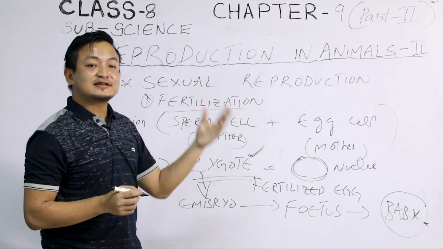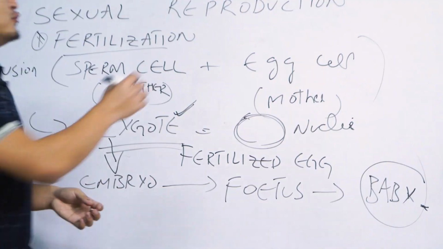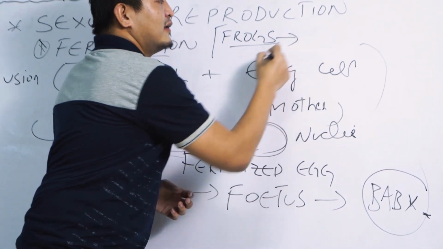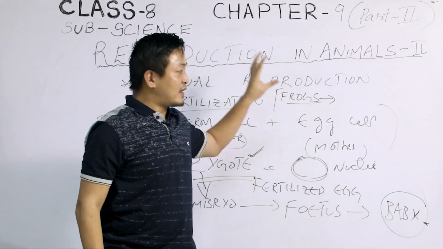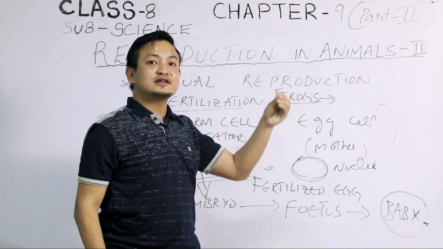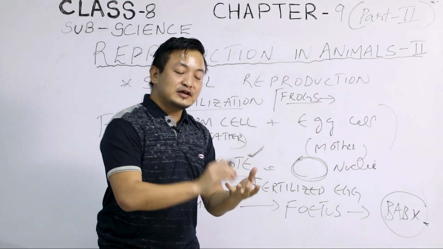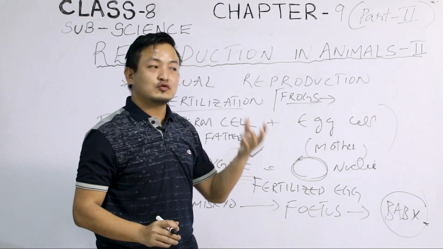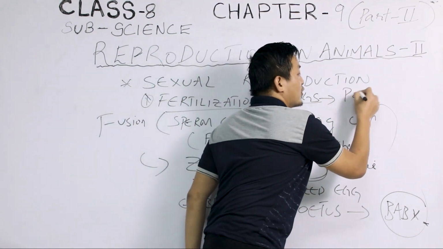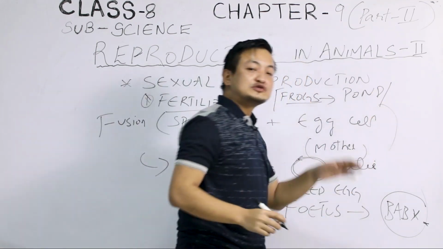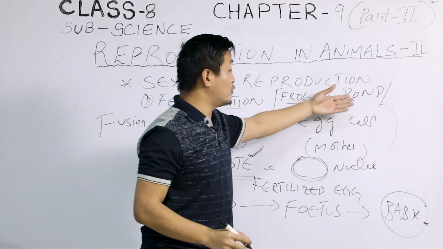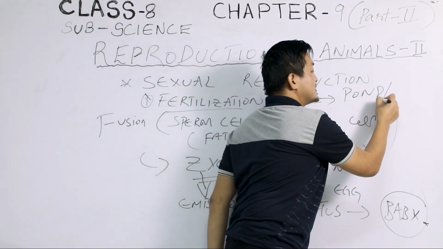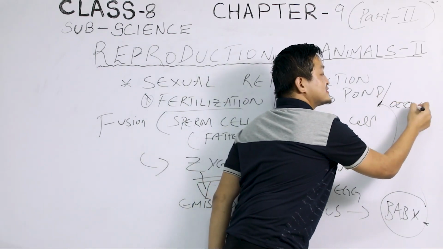When I say external fertilization, we can take the example of frogs. During the rainy season, frogs go down to the pond or where there is a low stream.